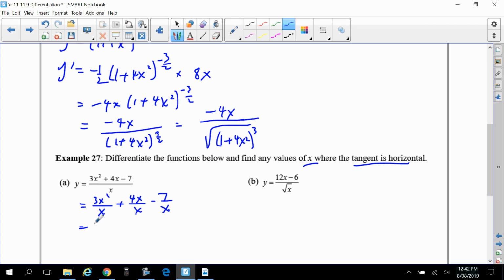And then you simplify: 3x plus 4 minus 7x power negative 1. And then let's differentiate. y dash equals 3 plus 0, double minus is plus, x power negative 2.